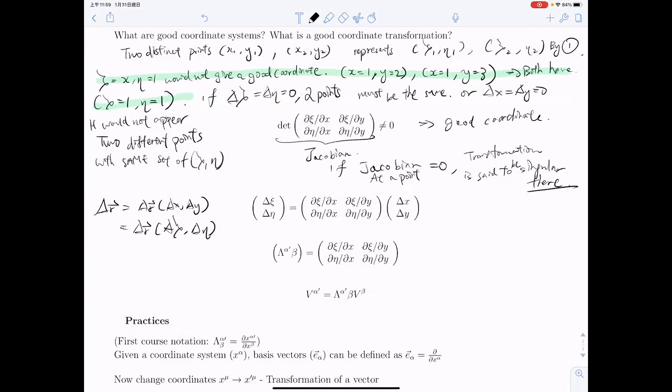Because this vector can be displaced by a different coordinate, which is by coordinate transformation. If the vector is given by x and y, after the coordinate transformation we have to represent it by a new coordinate system, represented by xi and eta. We have to multiply by a matrix that would displace that vector.